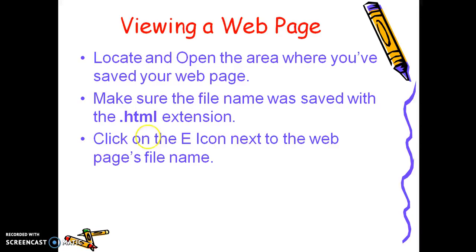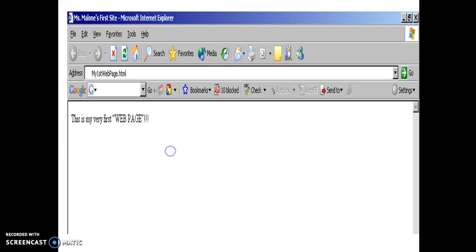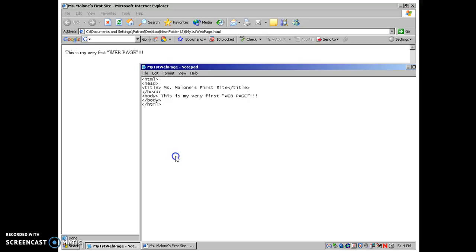Click on the icon next to the web page file name. This will cause your web page to appear in the Explorer browser. Here there is a web page. Here you can see that this is my first web page. And here you can see the Notepad window, with HTML, head, title. Here is all the coding of that program.